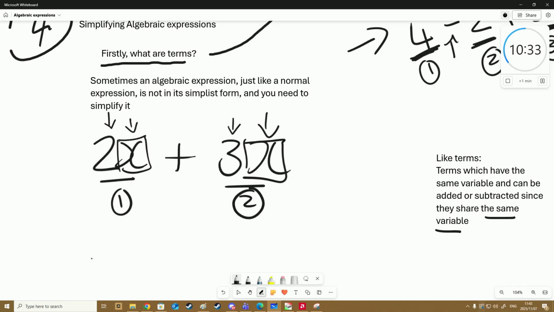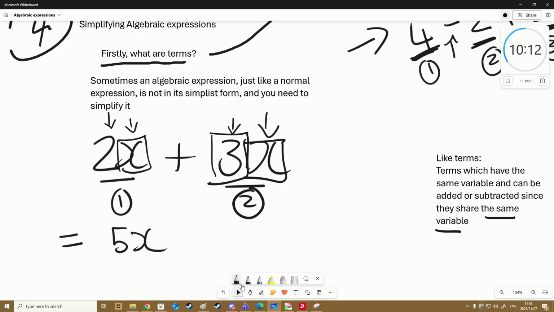So if this is an x and that is an x, the variables are the same, so these two terms can be added together. What we do now is we add the coefficients together as a plus sum. 2 of these x's plus 3 of these x's give us 5 x's.